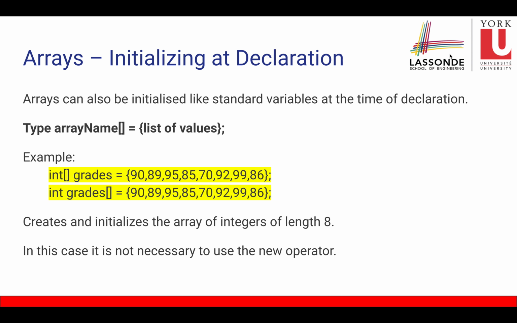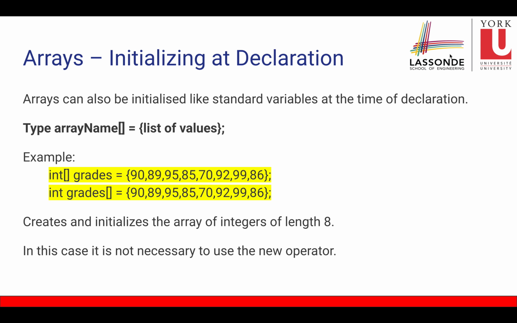Okay, let's see a simple way of initializing at declaring time. An array can also be initialized like standard variables at the time of declaration. Use type, array name, square brackets, equal, and brackets with values.